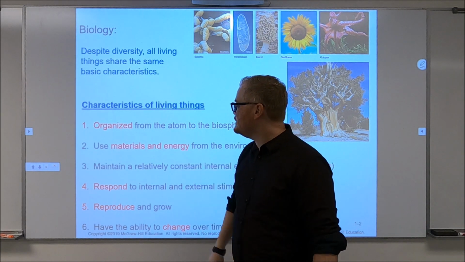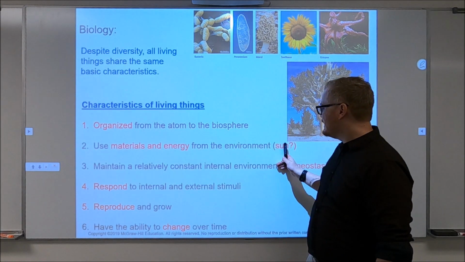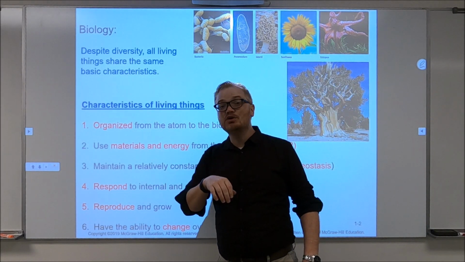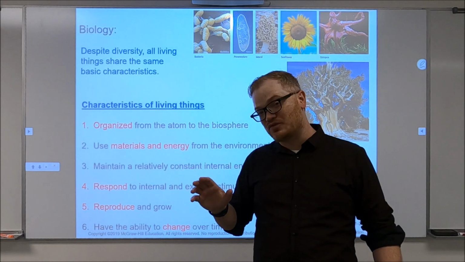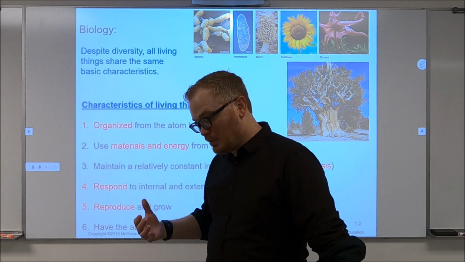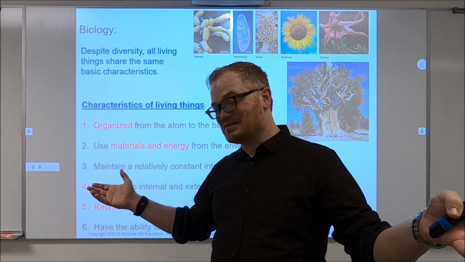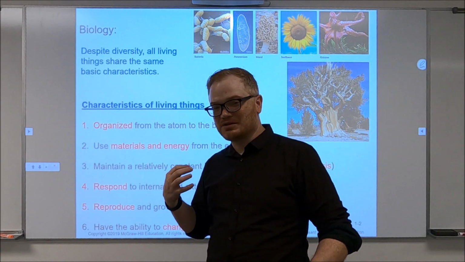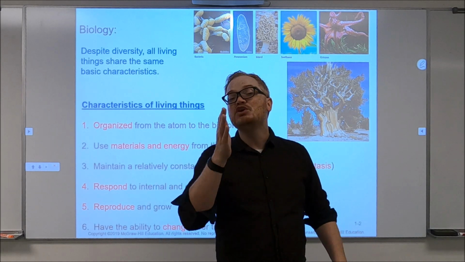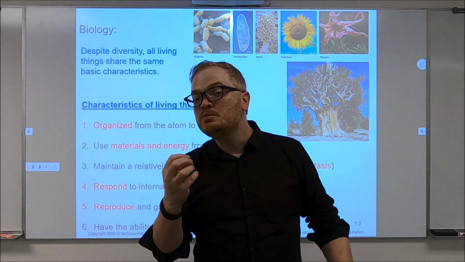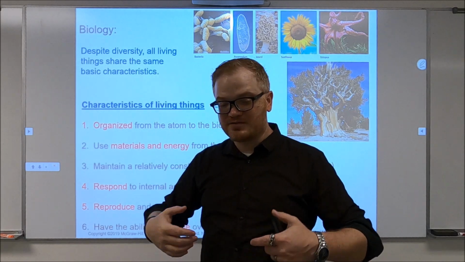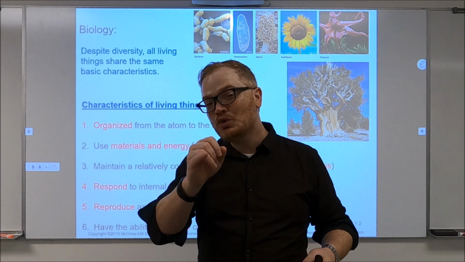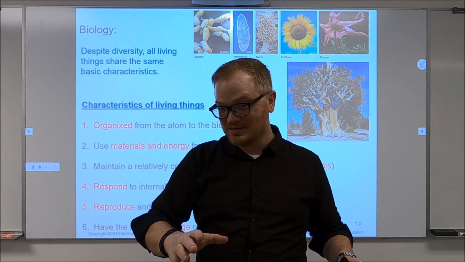Number 2, we use materials and energy, in the end, all of which come from the sun, but at the same time, we simply use materials and energy from our environments. Plants put out their leaves and collect sunlight and utilize this in order to make sugars to allow their systems to function. You will consume foods that you will utilize to make ATP, adenosine triphosphate, that is your cellular energy, right?